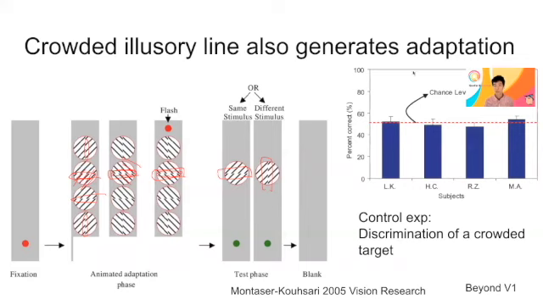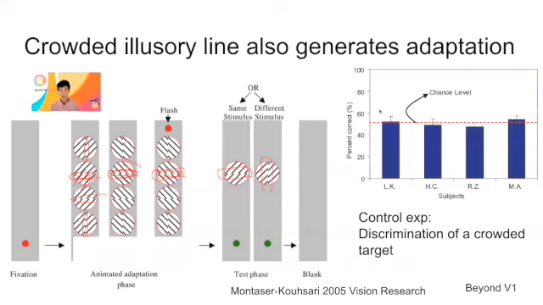And then importantly, to make sure that these are invisible, what they did was isolate this controlled experiment where, during this crowding, if you ask subjects whether this illusory line is oriented horizontally or vertically, everybody was at chance performance.